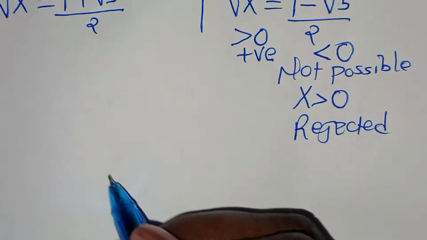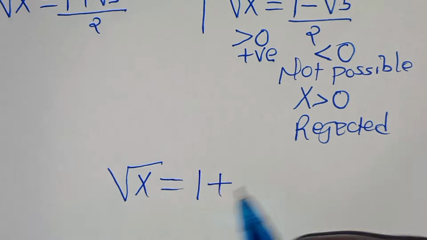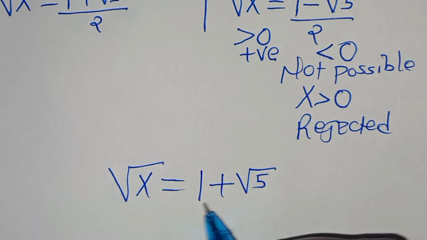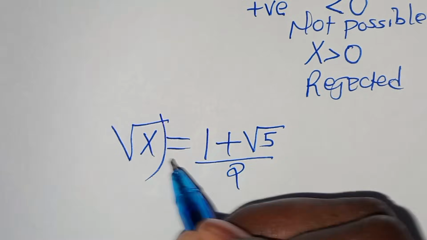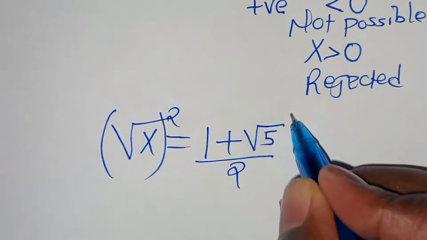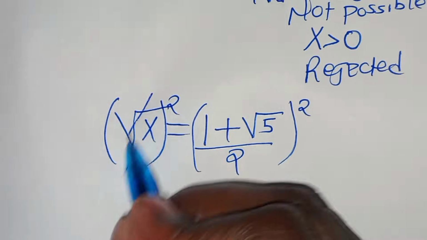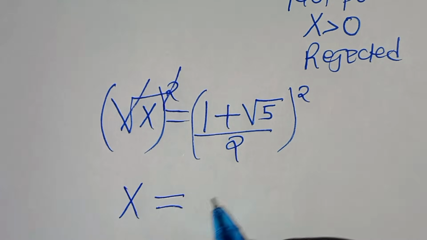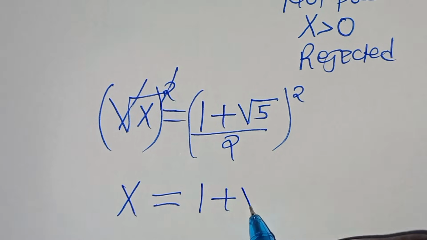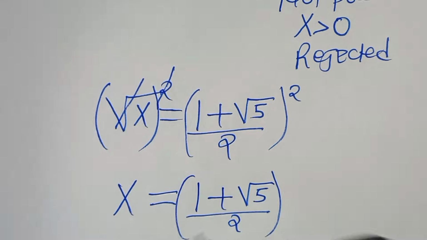In case 1, we have the square root of x equal to 1 plus square root of 5 divided by 2. To solve for x, let's square both sides so that we eliminate the square root sign, so x is equal to 1 plus square root of 5 divided by 2, raised to the power of 2.